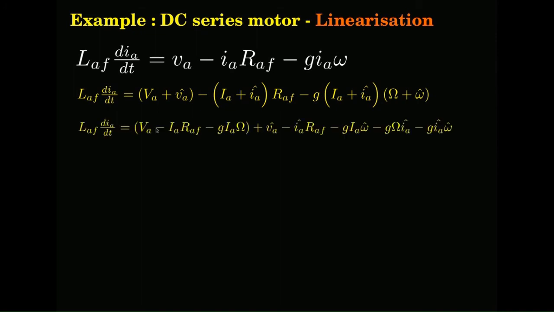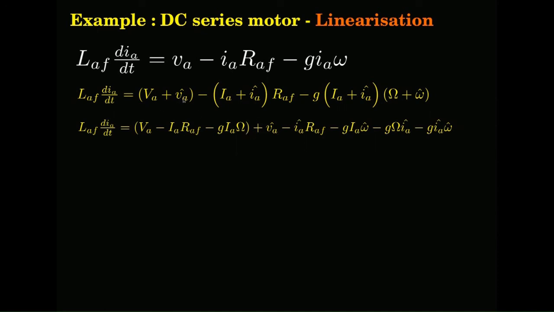Now, here if you just rearrange, you see all these uppercase steady state nominal points, you try to bring them together. So, you have VA minus IA RA minus G IA omega. G IA and omega, all these are nominal operating point terms. So, I group them together. This is the steady state part, right, nominal operating. Then all the small signal parts you bring out.